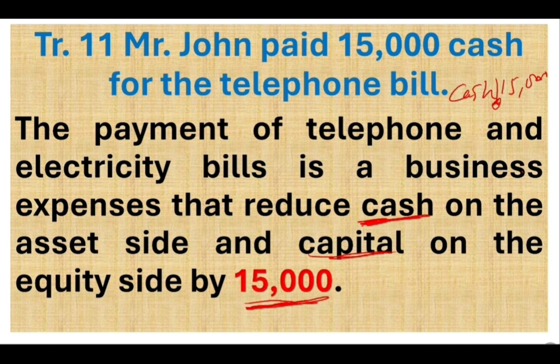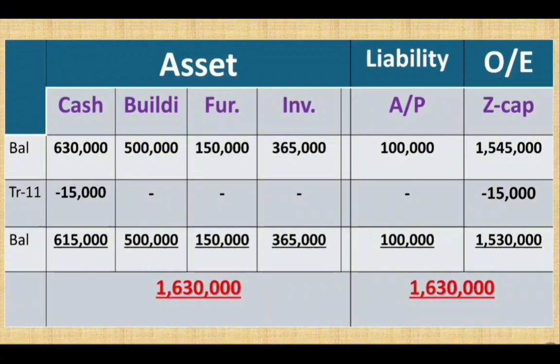So 50,000 is the cash that is reduced, and 50,000 is the capital that is also decreased due to the payment of 50,000 cash for the telephone bill by the owner, Mr. John.